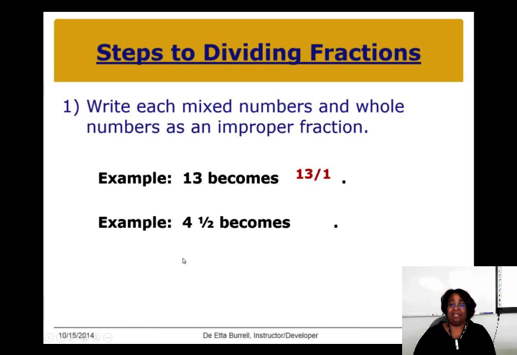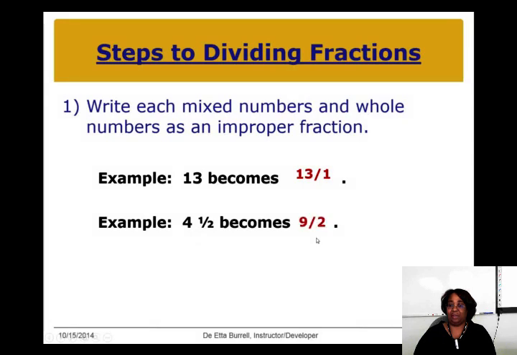Then, if you have a mixed number, remember a mixed number has a whole number and a fraction. How do I make this mixed number improper? How do I do that? 2 times 4 is 8, so you take that product of 2 and 4, and then you add 1. So that'll give you 9 over 2.